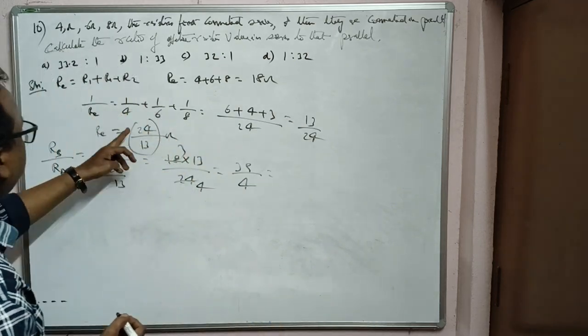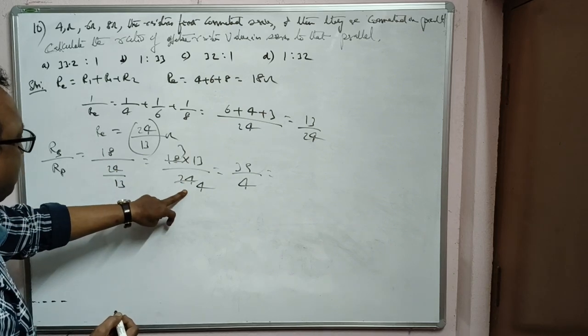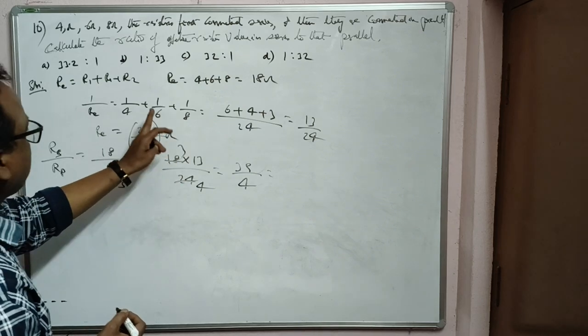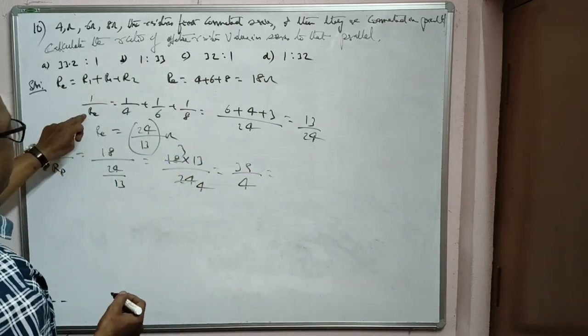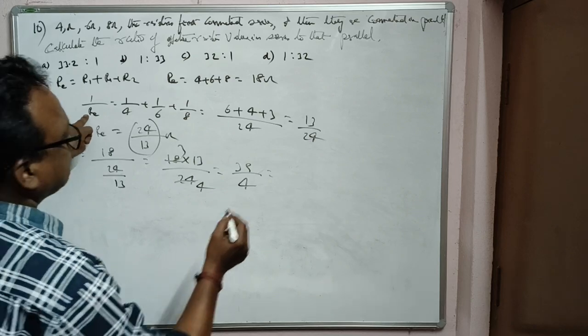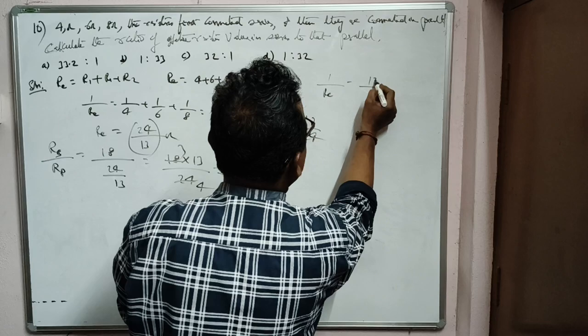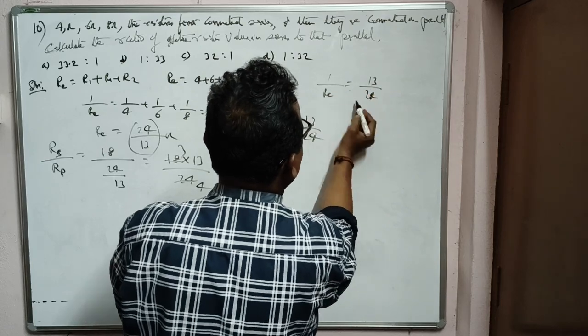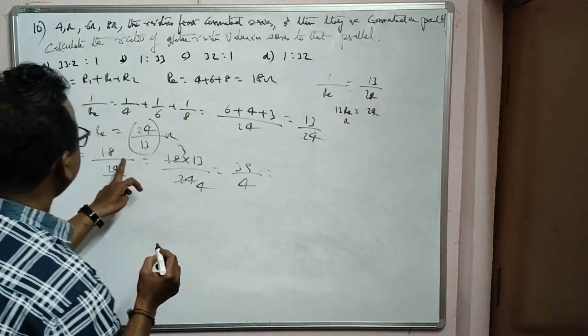24 by 13 reciprocal. 18 into 13 by 24. Yes, because whatever value got, 13 by 24 is 1 by RE. But I want RE value, cross multiply. See, this value is 1 by RE is equal to 13 by 24, isn't it? Cross multiply. 13 RE is equal to 24, RE is 24 by 13.